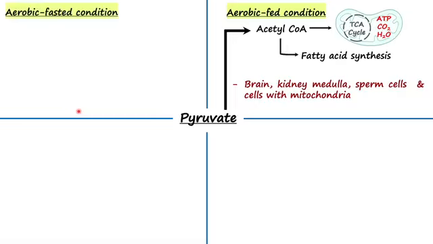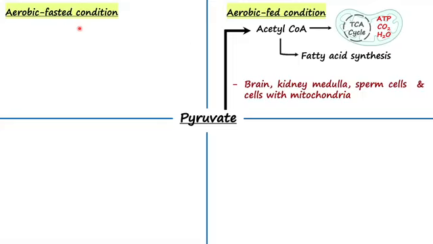And the second condition is aerobic fasting condition. So when there is enough oxygen available, but the blood glucose levels are low due to the fasting condition, and that could be due to fasting or starvation or intense exercise. This all can lead to decrease in blood glucose level in the body.